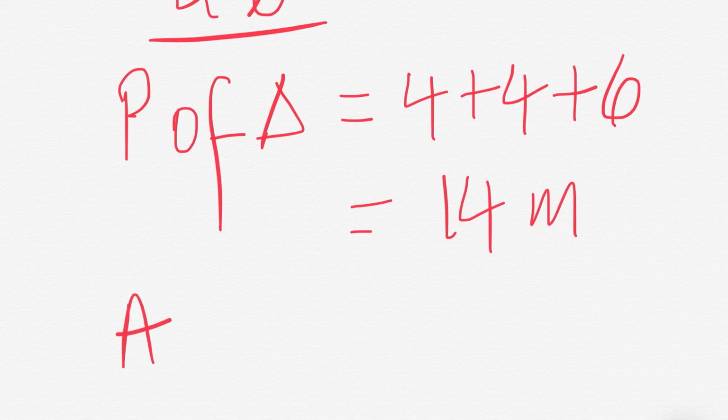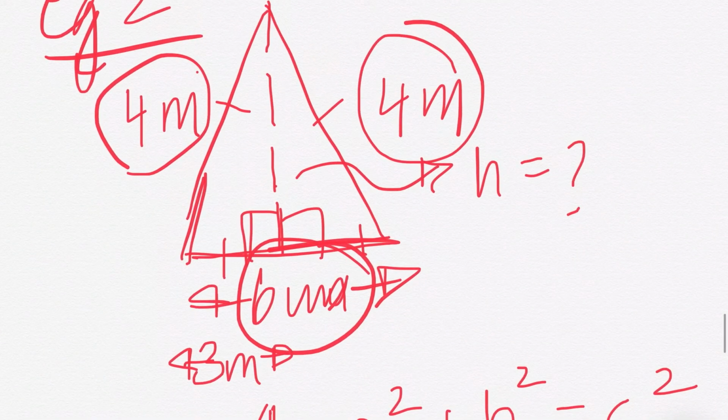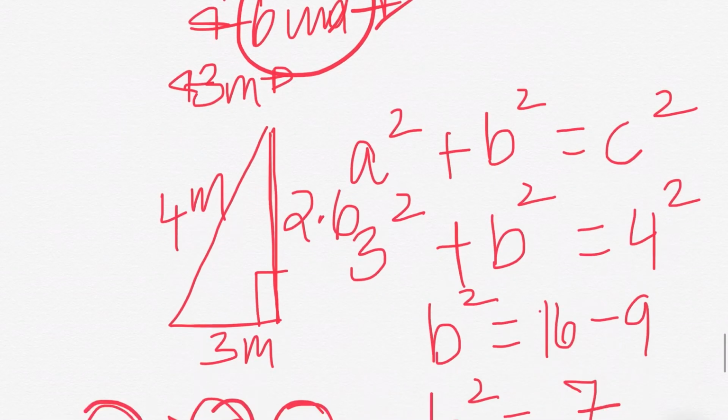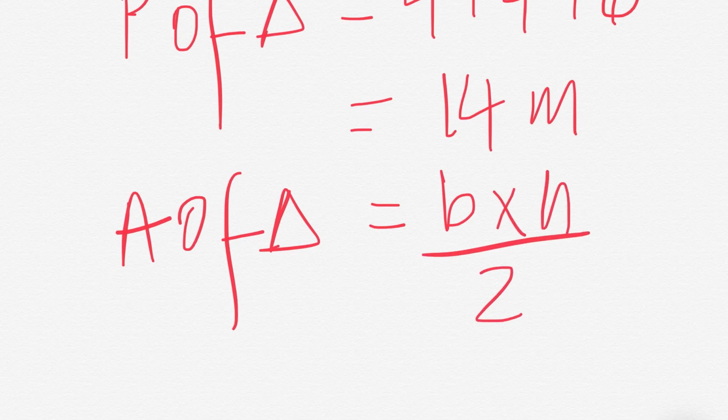However, to find the area of triangle, we are going to take the new side we have found, which is 2.6 meter, which is nothing but the height of the triangle, and the base, which is the total of 6 meters. So that would be base times height divided by 2.